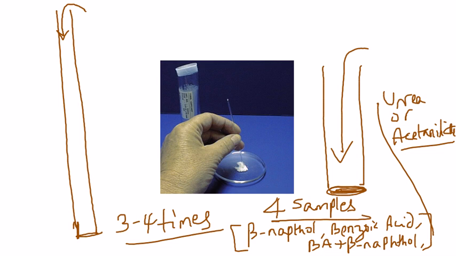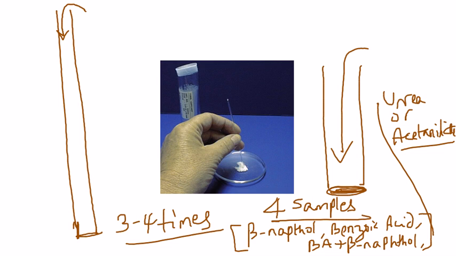It starts to melt at a lower temperature, but overall the value comes out higher, because by the time you look at the thermometer, 2 or 3 degrees have already passed. Nevertheless, we call it a crude reading and we still take it, because it gives us an idea of the general range in which melting is going to take place.